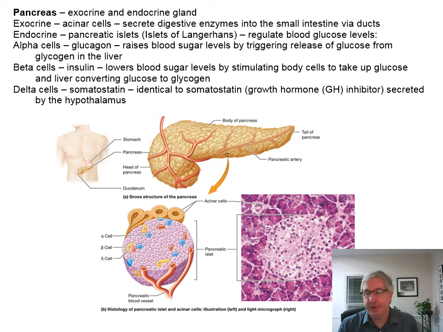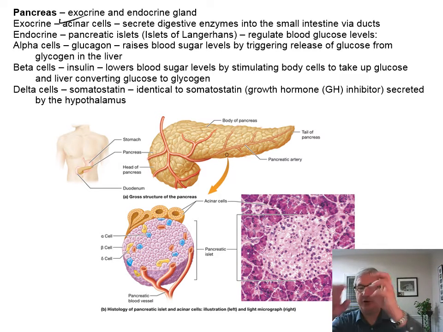So what is the pancreas? You saw what it looks like in the cadaver there. It's an exocrine gland as well as an endocrine gland. Exocrine means that it's secreting stuff into ducts, and that happens through cells called acinar cells. They secrete digestive enzymes which go into the small intestine via ducts.